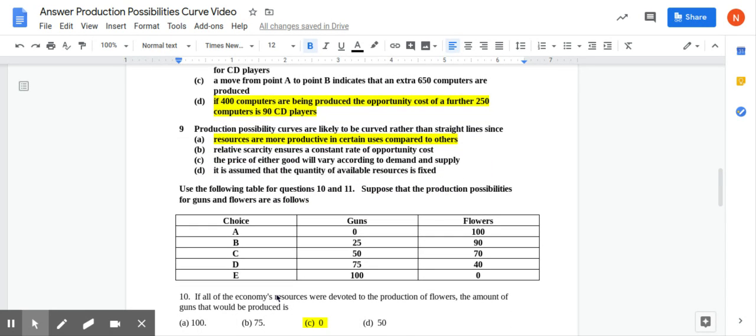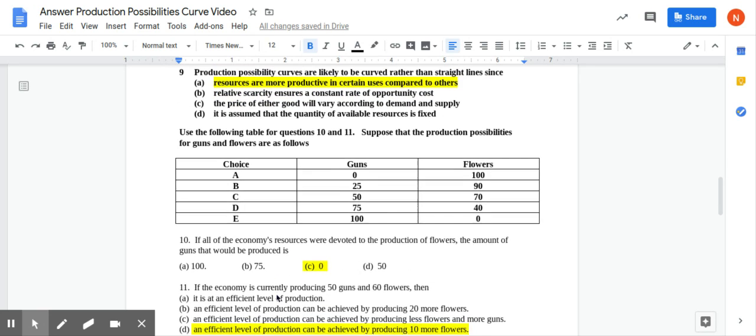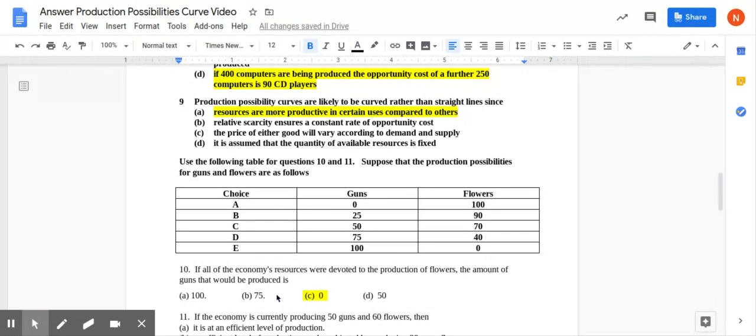So number 10, we can go through why these are wrong. Relative scarcity ensures a constant rate of opportunity cost. That's not true, because something is scarce doesn't mean that it's going to be the same rate of opportunity cost. The price of either good will vary according to supply and demand. Nope, that has nothing to do with opportunity cost.